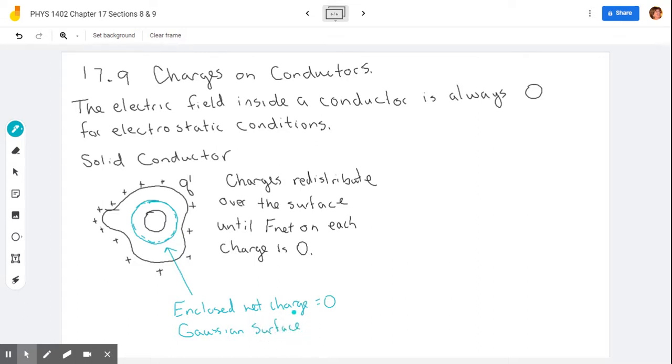If I don't have any net charge, then I don't have any electric field. I don't have any net charge in there.